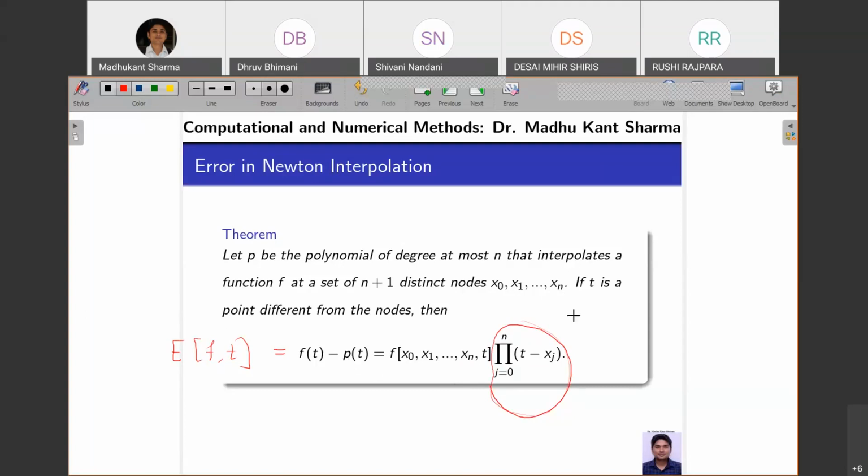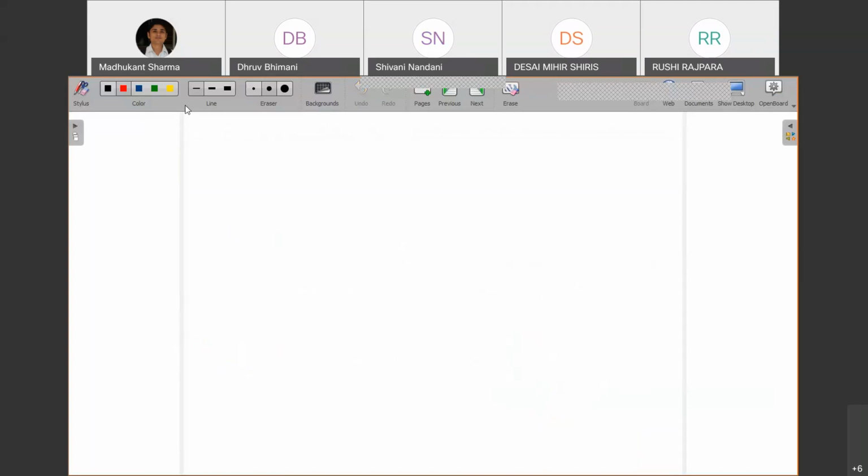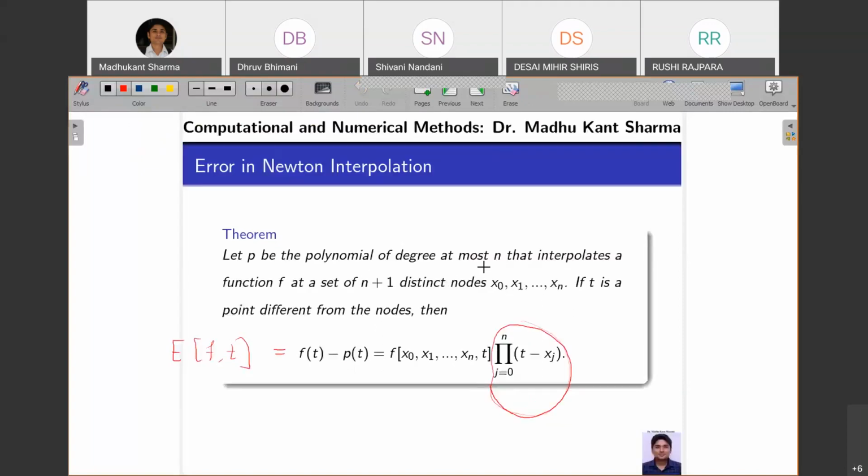This is very simple. If t is a point different from the nodes, how will you prove it? P is an interpolating polynomial of degree at most n that interpolates a function f at a set of n plus 1 distinct nodes.